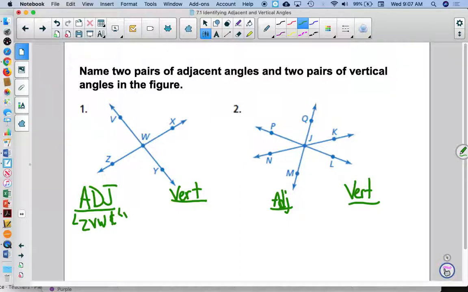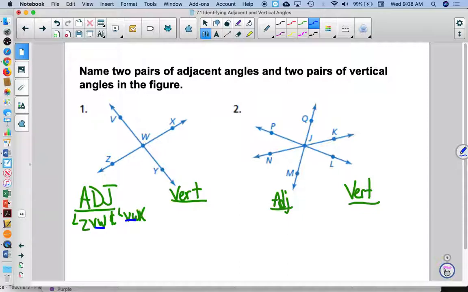And angle VWX. I would agree with that. And the reason I know it has to be is because you've got VW here and you have VW there. All right, what's another pair of adjacent angles in number 1? Give me a set of adjacent angles.